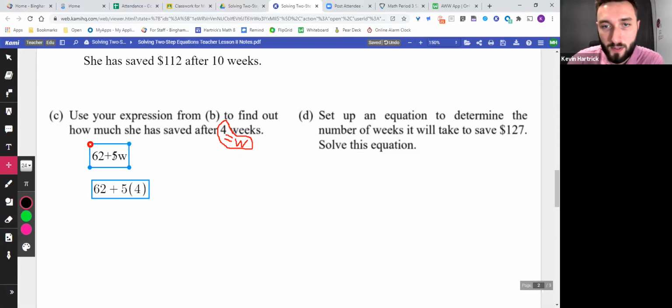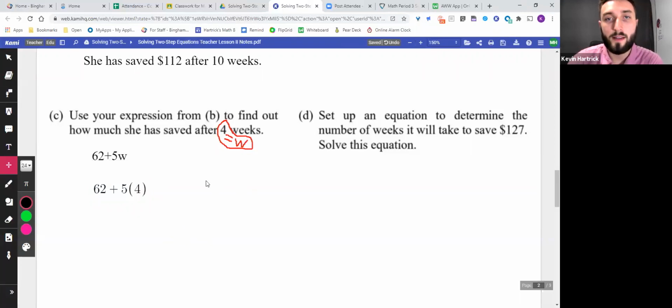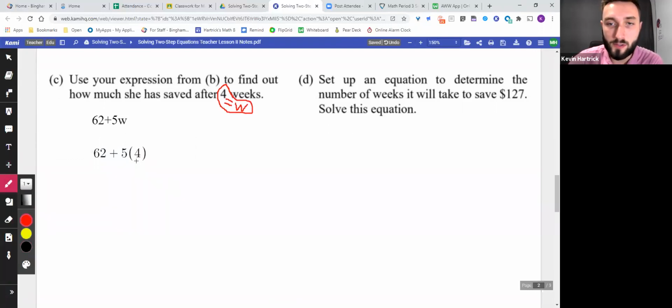There's no difference between this first step and the second step, except I'm replacing W with my parentheses pocket, and inside I'm putting what they're telling me W is equal to. Now that I've done that, order of operations, simplify and reduce. So 5 times 4, because we know multiplication has to happen first. That gives me 20. I have my plus 62 over here. Add those together, and I've got 82.